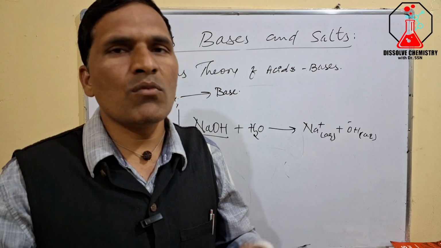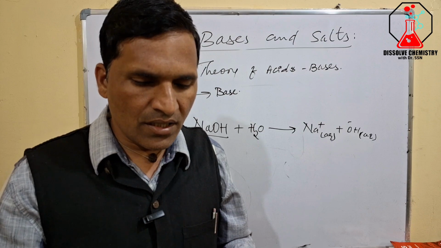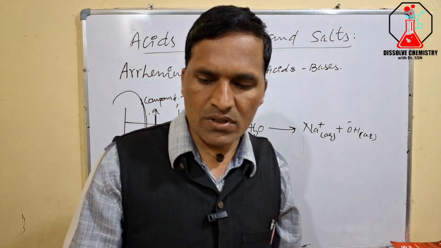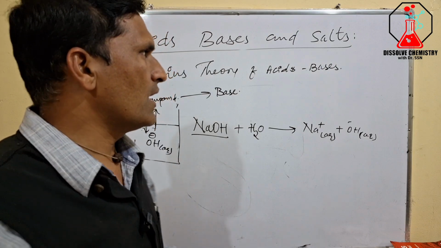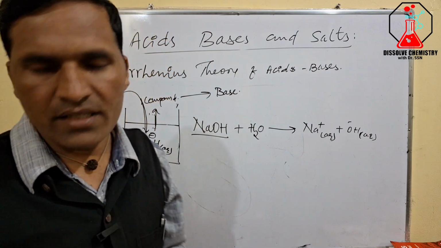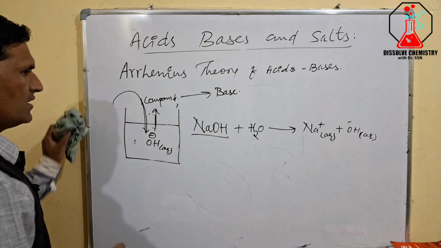Therefore, to include more compounds in the definition of acids and bases, another theory was proposed, which is more inclusive, and we call it the Bronsted and Lowry concept of acids and bases.